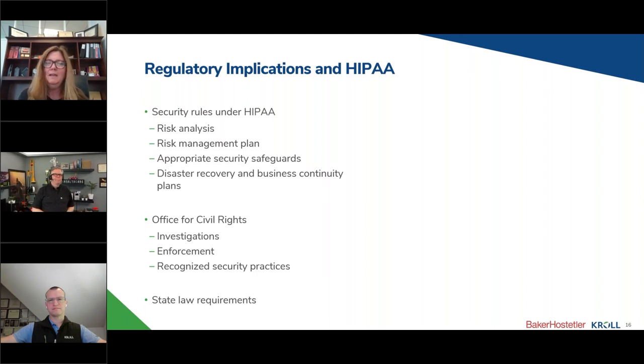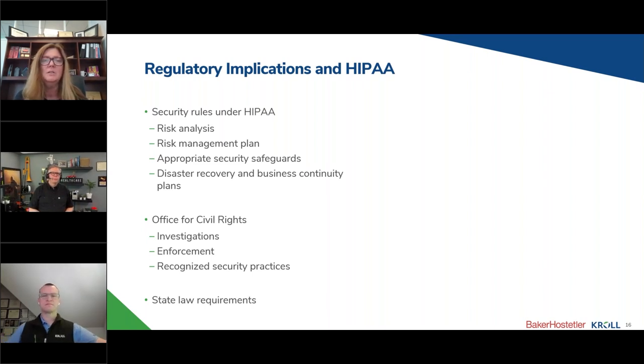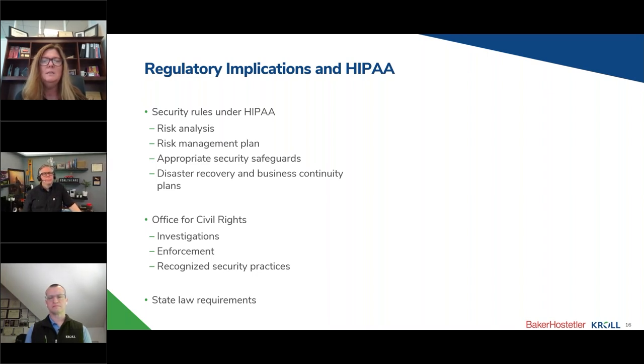So as I mentioned earlier, really it comes down to the basics. And I've handled probably coming up on about 700 OCR investigations over the last 14 years, and a variety of different privacy and security incidents that we've worked on with the Office for Civil Rights and the covered entities and business associates that are our clients. And what we're seeing on the security rule front is it comes back to what we've got listed up there.